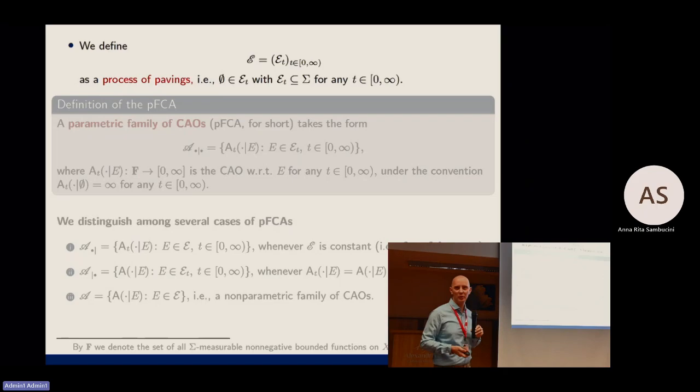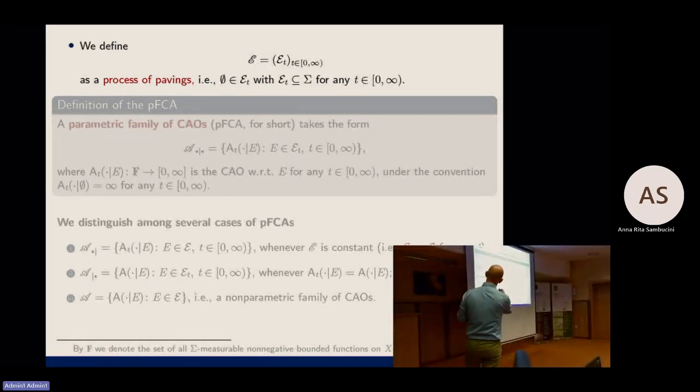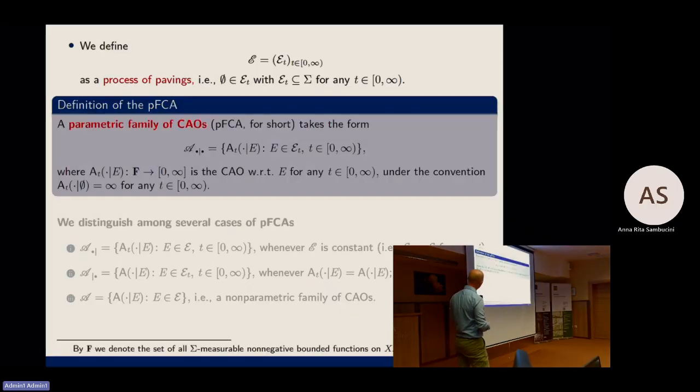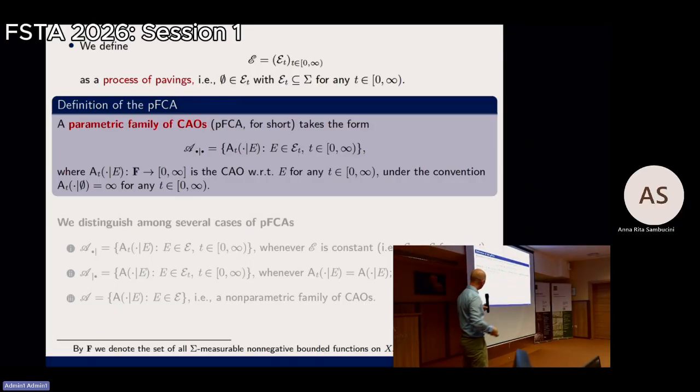Motivated by stochastic processes, we can consider a process of pavings, or some process of collections, where each collection contains the empty set. And then we define the parametric family of conditional aggregation operators. It means take a conditional aggregation operator on level t, take a collection, and all such operators on all such levels should be in this set.